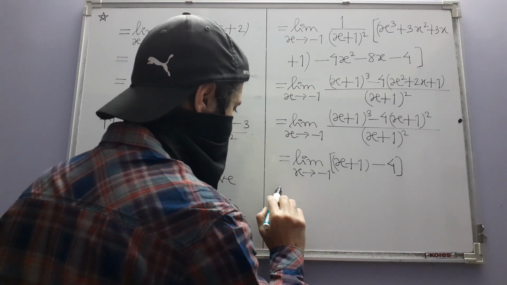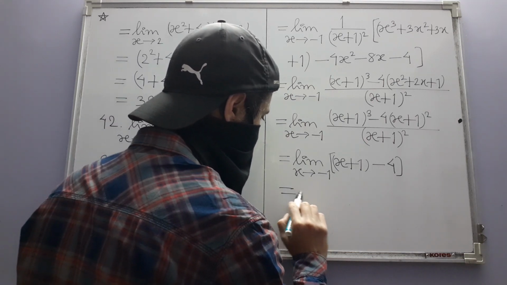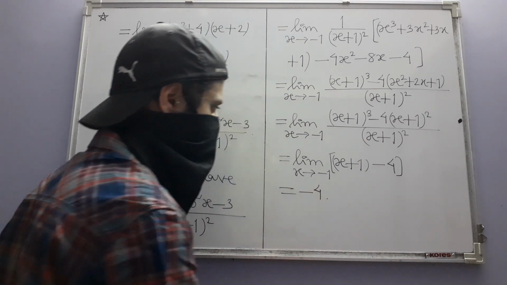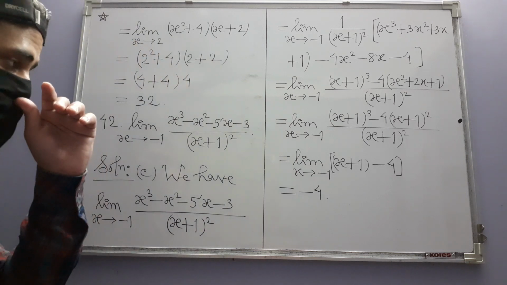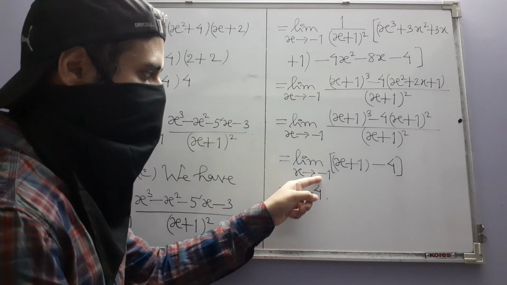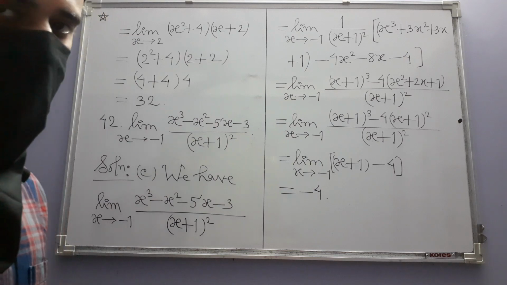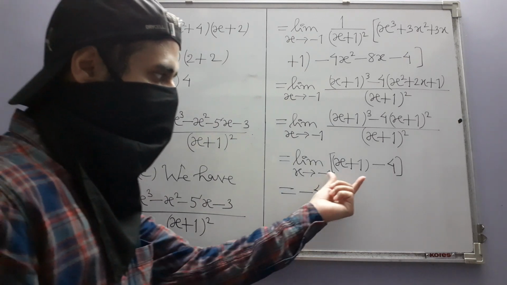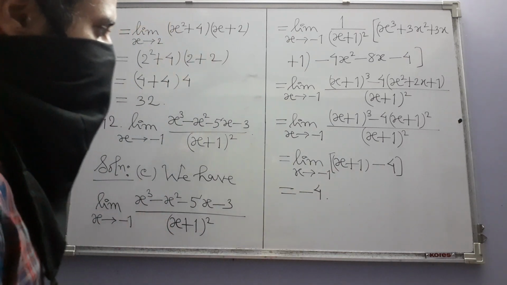And this limit of course is minus 4, because as x approaches minus 1, x plus 1 approaches 0. So x plus 1 minus 4 approaches minus 4.